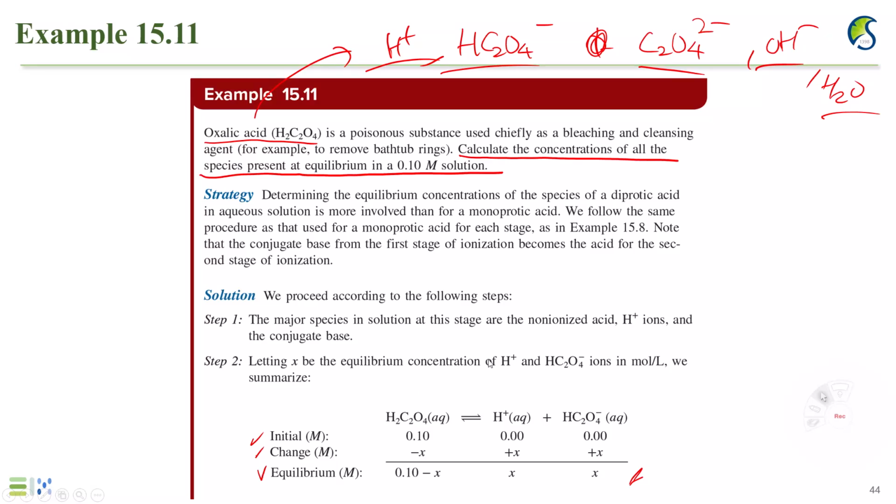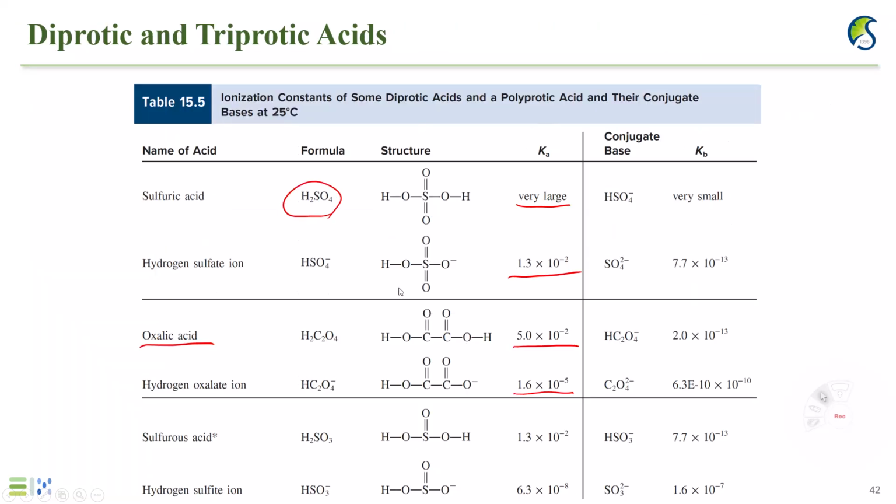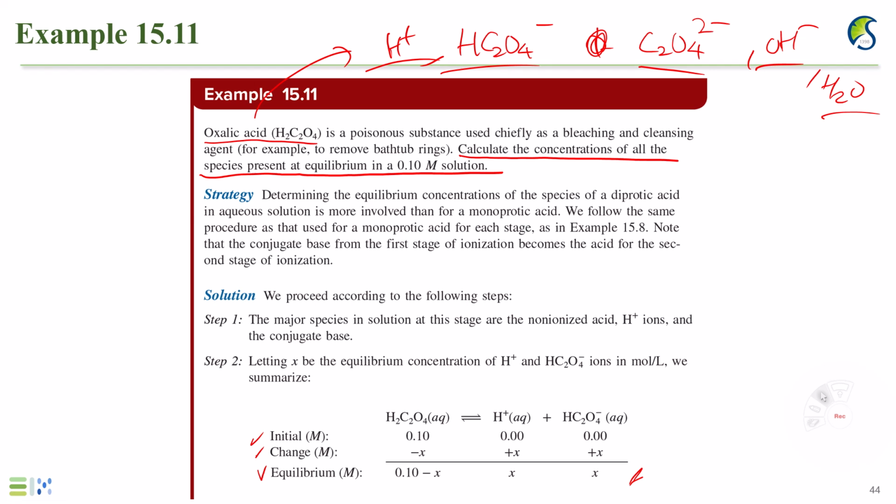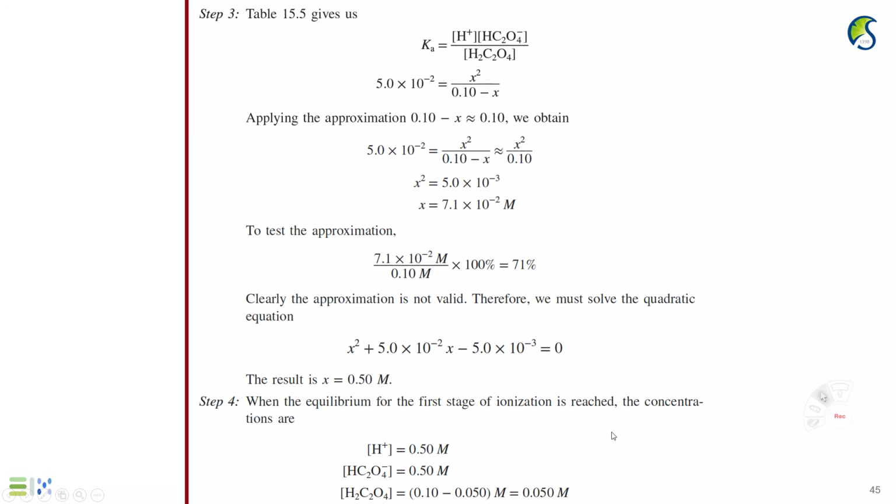And for this oxalic acid, you know the Ka value for the first step and the Ka value for the second step. For this first step, you need to use the Ka1 value, and you make an equation with unknown variable x, and you want to do approximation because it's always an easier way.